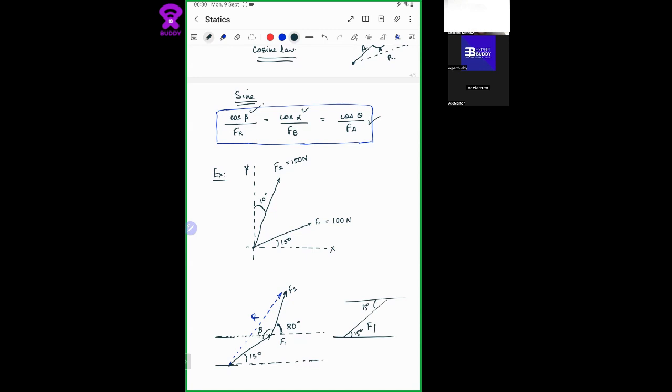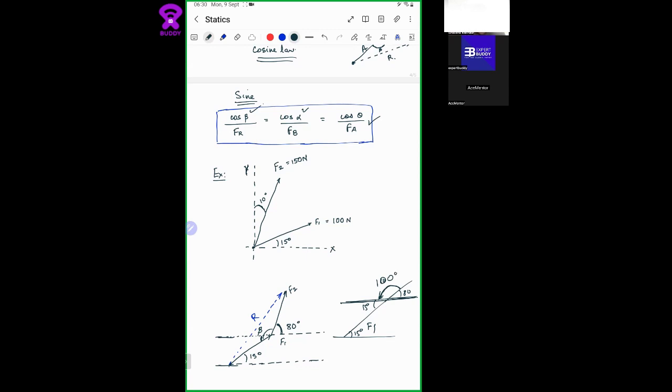Here this angle you get is 15. Okay. What about the bigger angle? The bigger angle, you can simply use the property of, this is 80. Okay. So this remaining, since this is horizontal, this remaining should be 180 degrees minus 80, that is 100.